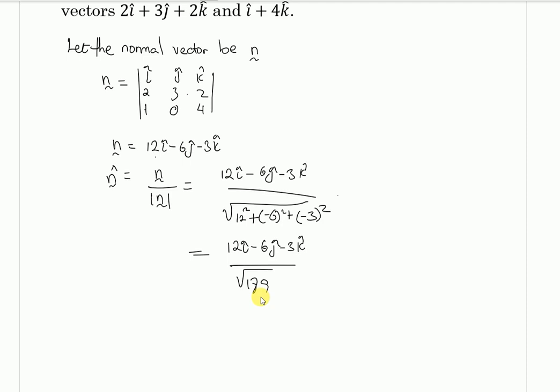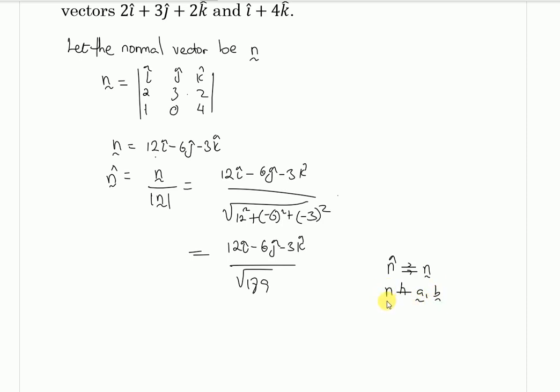So this one is a unit vector which is parallel to this n, and since this n is normal to the other two vectors, this is a unit vector which is normal to these two. I guess it's making sense. n cap is parallel to n, but this n is perpendicular to the other two vectors.